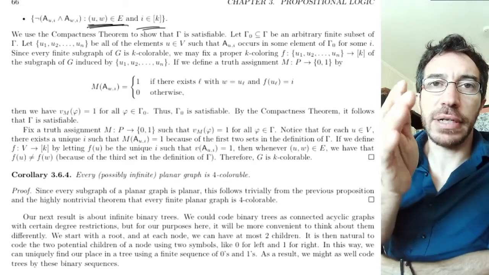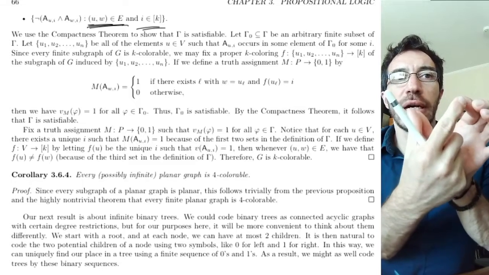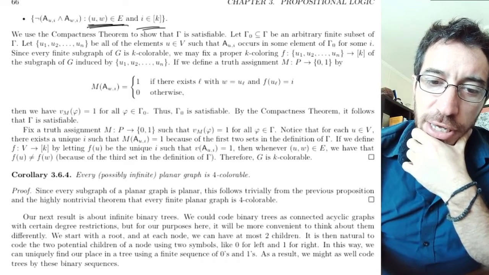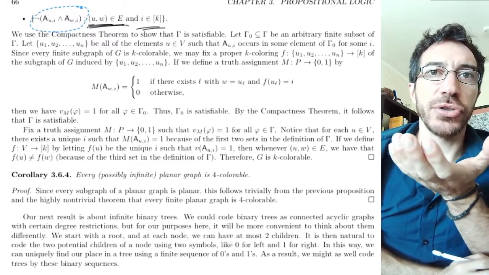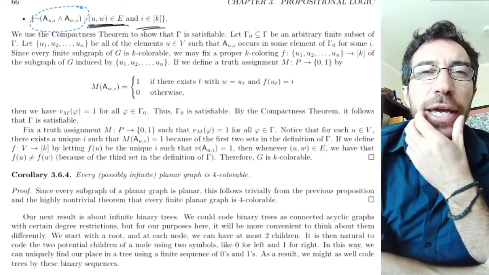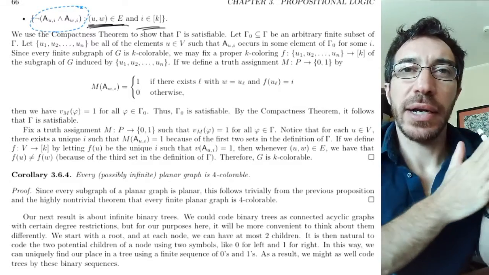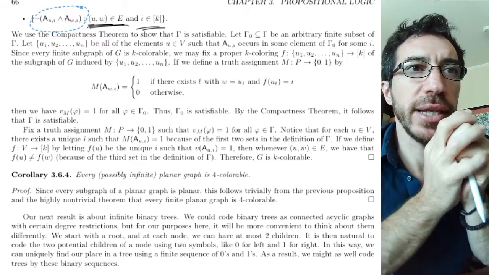So for every vertex and every color, every two vertices that are sharing an edge, they cannot have the same color I. So you write the sentence that says it's not the case that U has color I and W has color I also. Okay, and then you think, is this enough to ensure that we're getting a proper coloring? And you think about it, maybe draw a little picture and say, yeah, that should be enough.